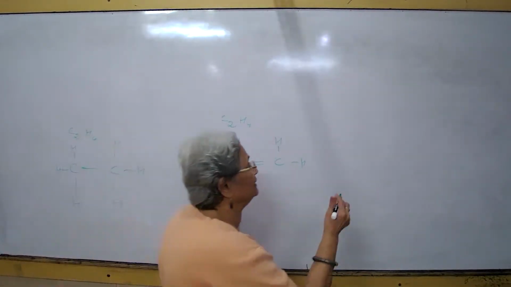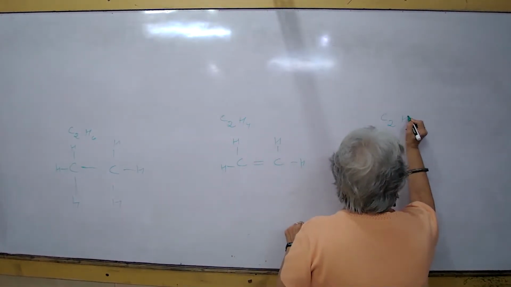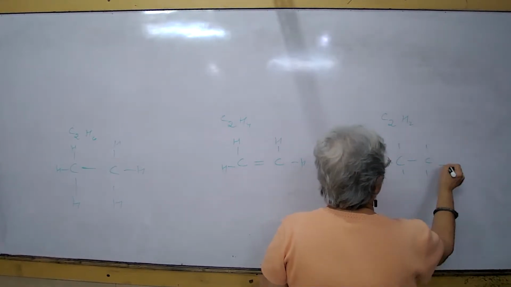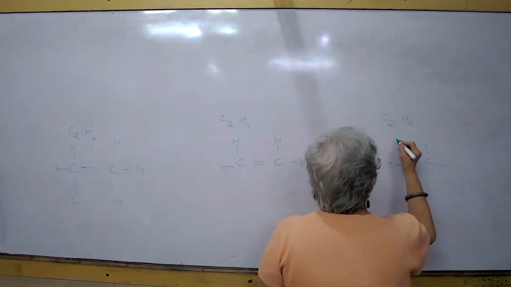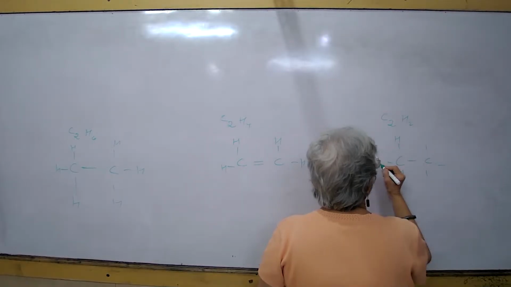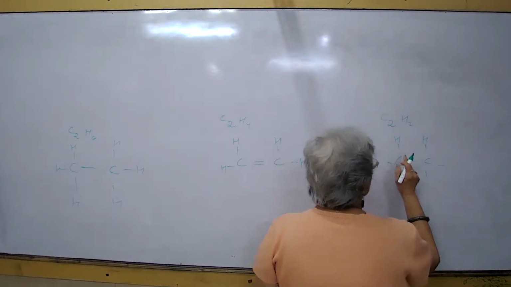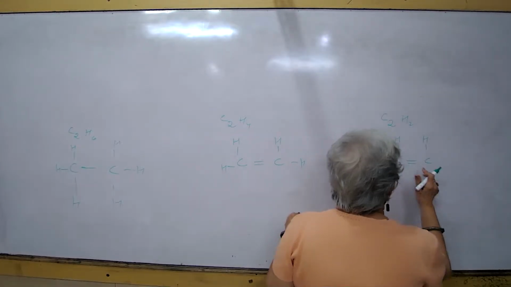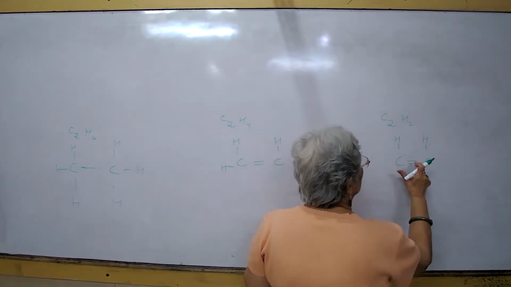And the last one is C2H2. You have one hydrogen and one hydrogen, so you have a triple bond between the carbons, 1, 2, 3.